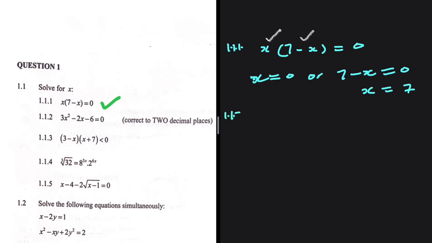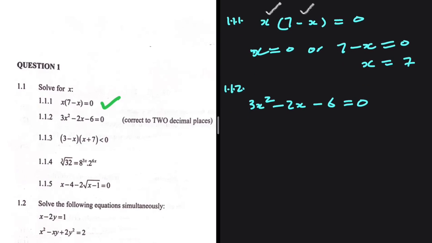And 1.1.2, on the other hand, we have a quadratic equation, 3x squared minus 2x minus 6 equals 0. We're supposed to find the value of x correct to 2 decimal places. So as soon as we see correct to 2 decimal places, we know we're going to use the quadratic formula.